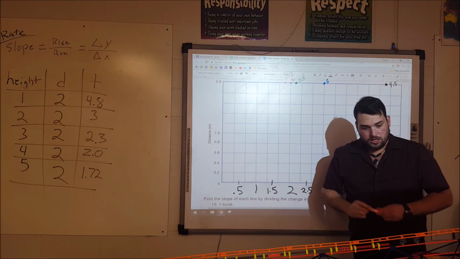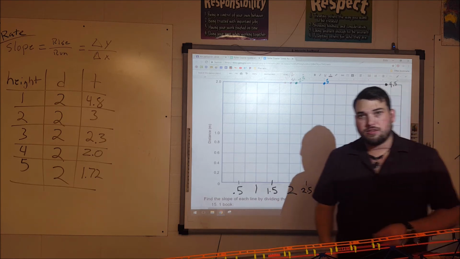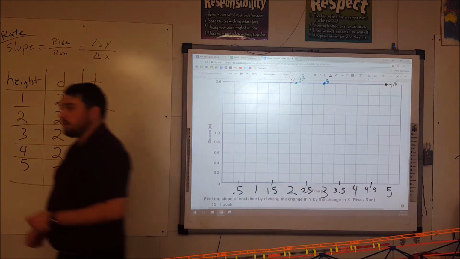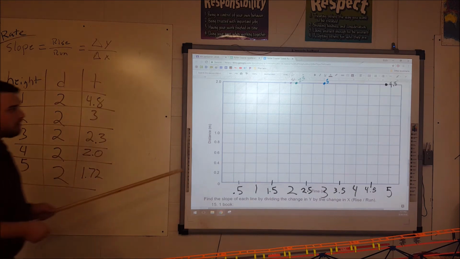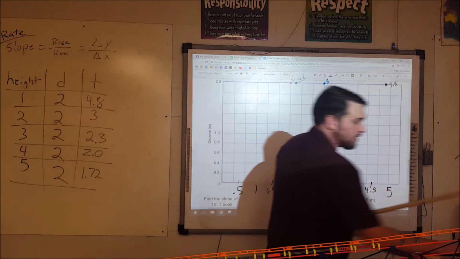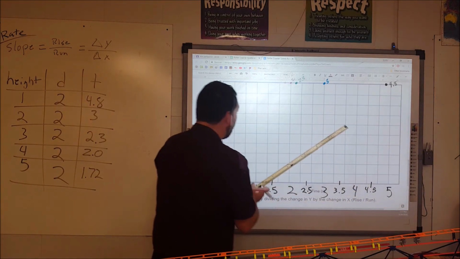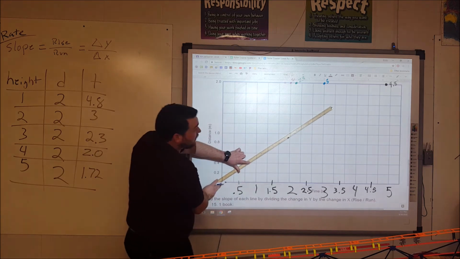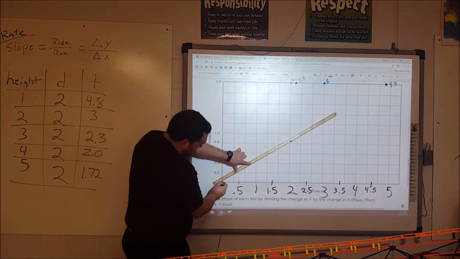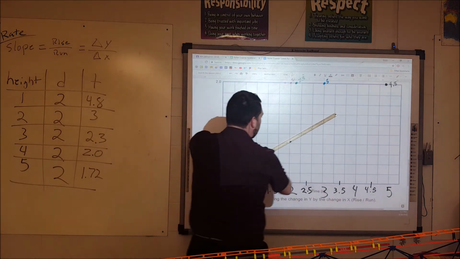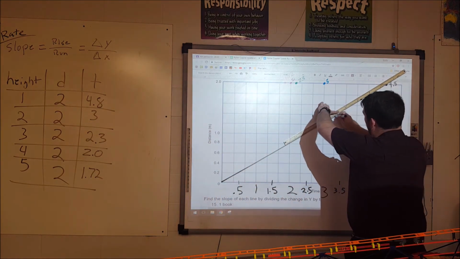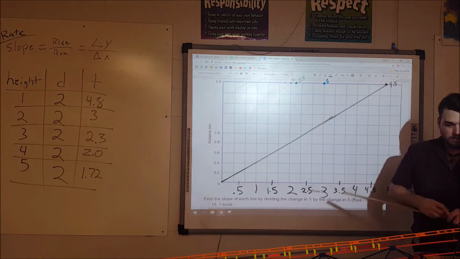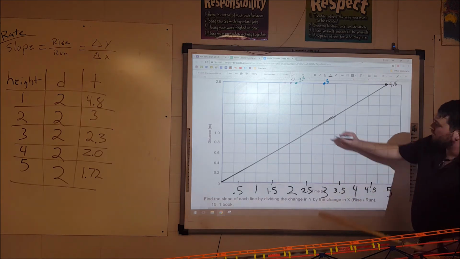There. Now what we need to do is connect these lines to their origin. Remember, we started at 0, 0 every time. I'm going to try to do this as straight as possible on the board here. There we are. Next is 2 books. So this is 1 book.